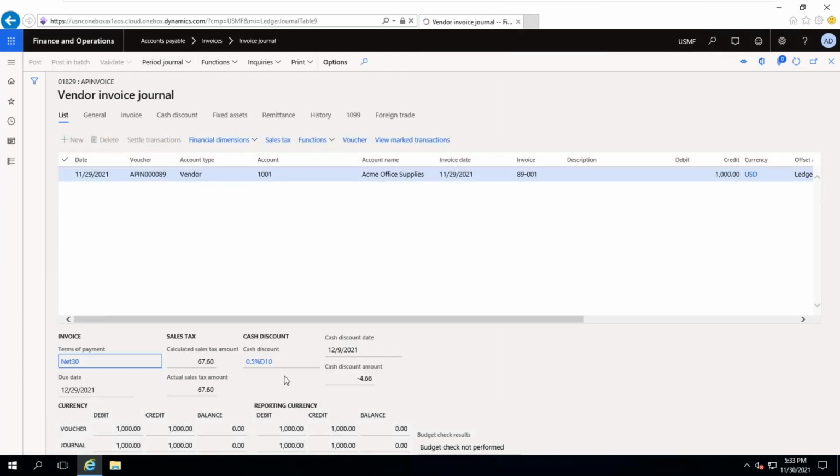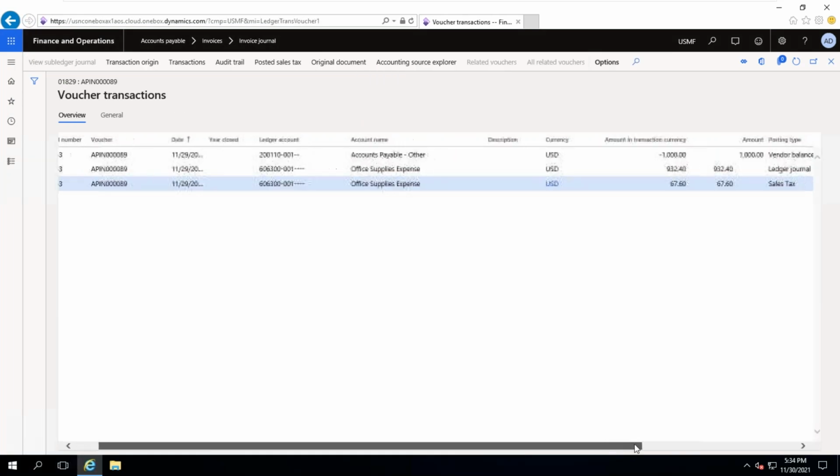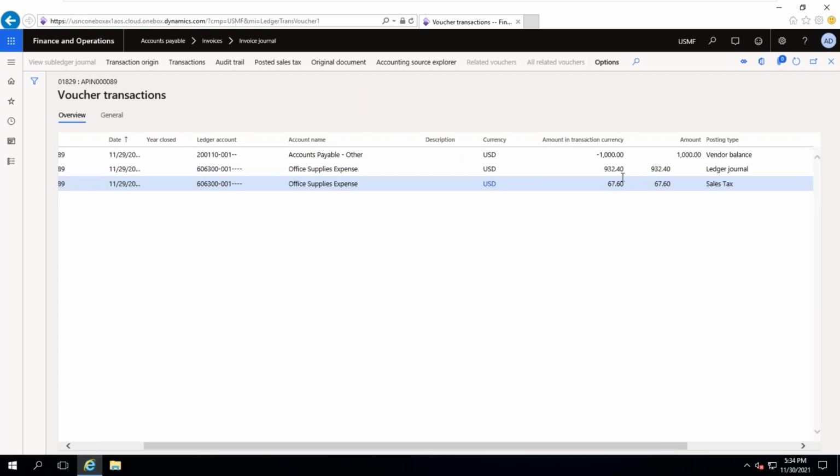If you go to the voucher, the tax is calculated as 67, but it was posted to the expenses. As I told you, you cannot claim that expense. That is the reason the sales tax cannot be processed further.